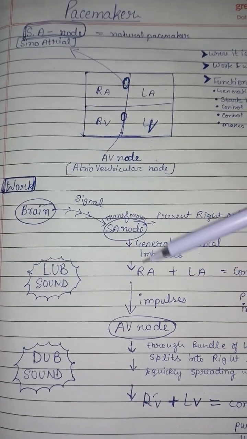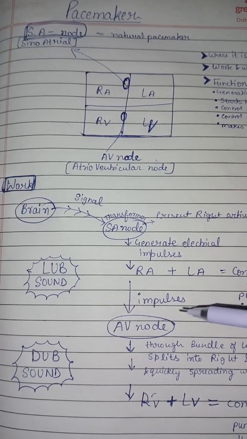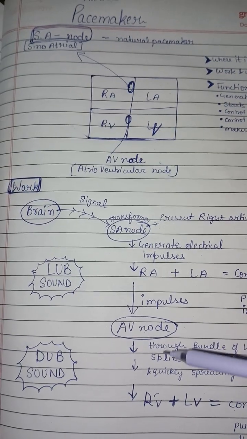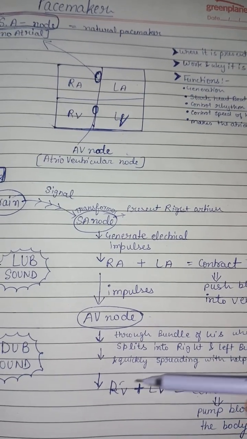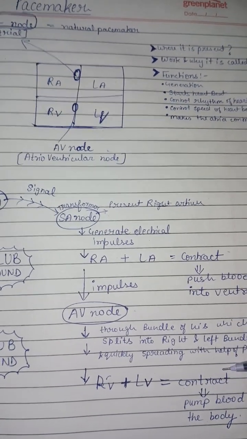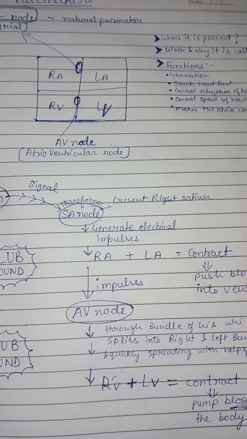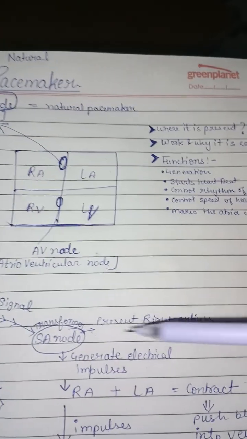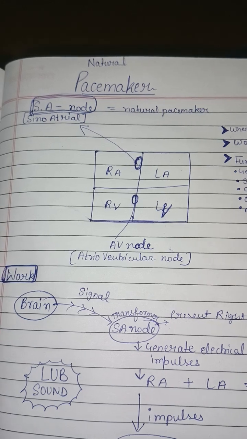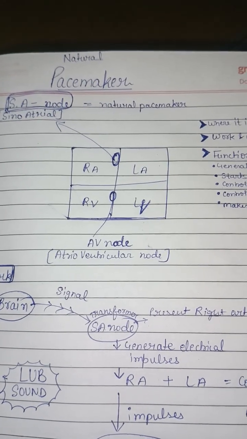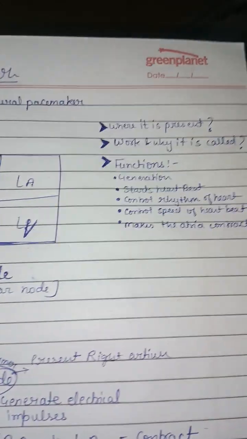And when the impulse is further sent to the AV node, they create the dub sound, because the right and left ventricles contract and pump the blood throughout the body. So here we have talked about the whole process, how and why the SA node works as the natural pacemaker.